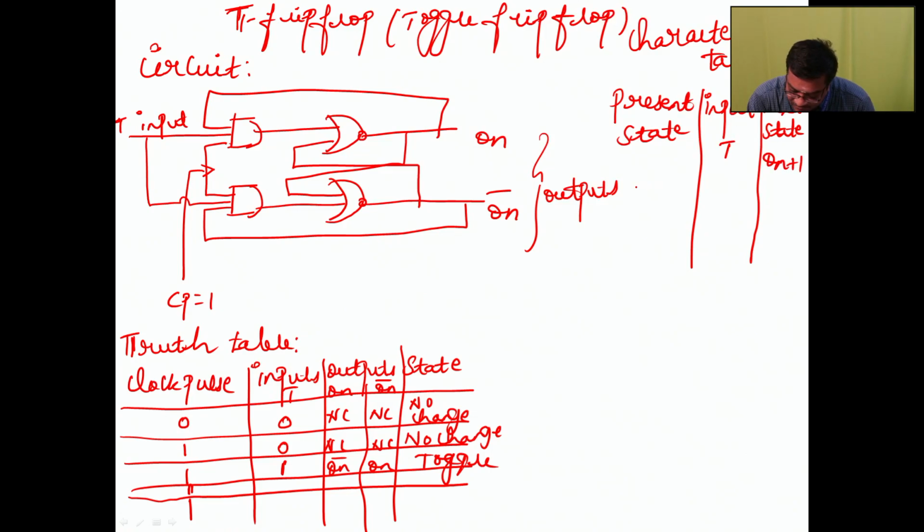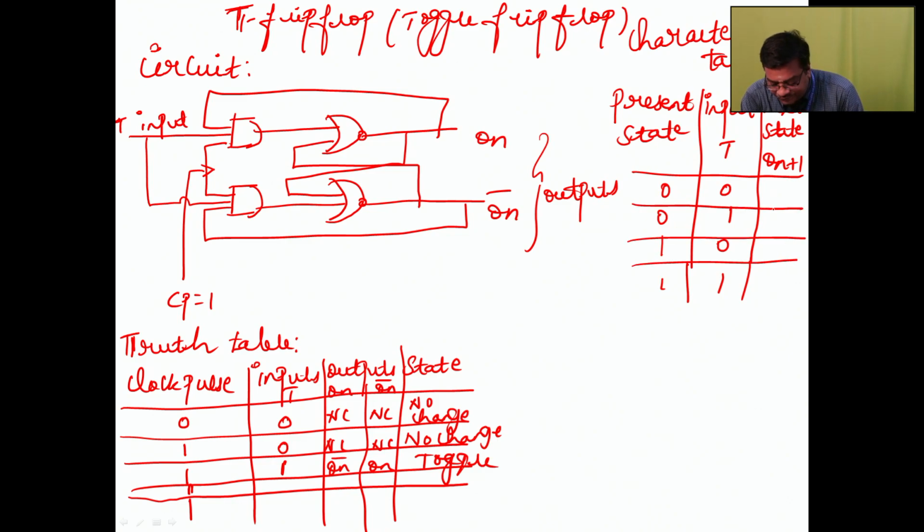Present state, input T. So 0 0, 0 1, 1 0, 1 1. So for 0 0, automatically no change, for 0 1, we will get toggle.